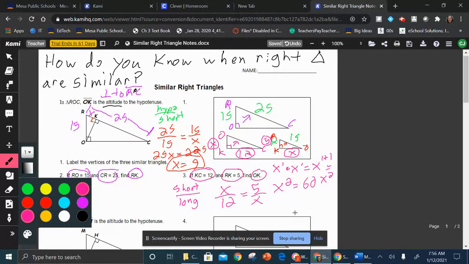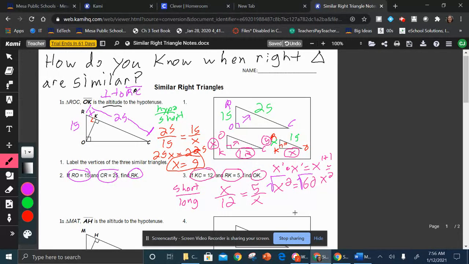I'm going to take the square root of each side. x is equal to the square root of 60, and 60 is 4 times 15, and the square root of 4 is 2, so 2 root 15. Or we can use our calculator and round to the hundredths, and it would be approximately 7.75.